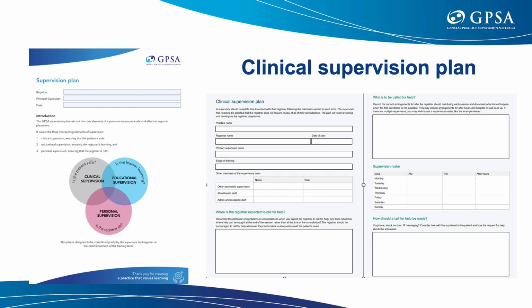And this is just a very clear plan about when the registrar will call for help, who they should call for help, how they should call for help, that you can go through with them at the outset and very clearly establish the parameters around calling for help. ACRRM do not have an equivalent plan, but have certainly casually expressed that the version that we have developed, the GPSA supervision plan, is something they're happy for their members, their supervisors, to use.